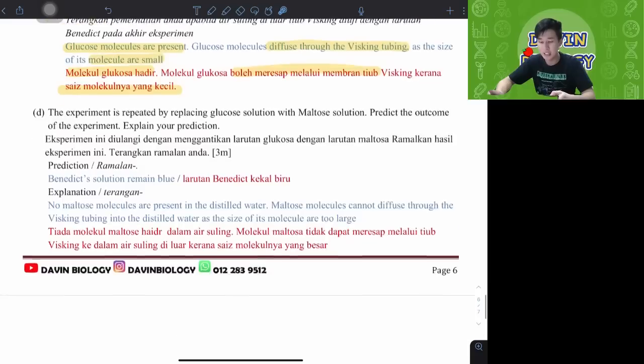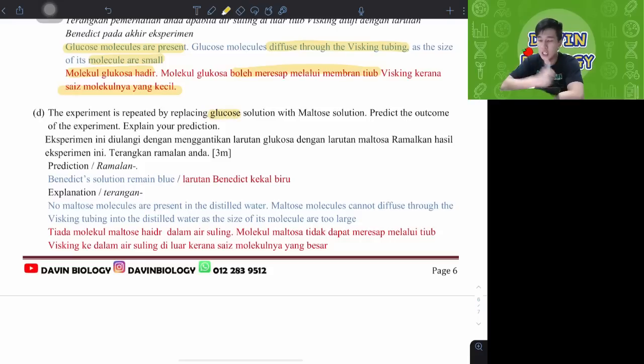Understand? Now, last question. So ramalan, prediction question. They say now I replace the glucose with maltose. Okay, so maltose is a disaccharide. So a disaccharide actually cannot pass through the Visking tube. So for this one, my prediction is my Benedict will remain blue. By the way, Benedict can test the presence of all your monosaccharides: glucose, fructose, galactose, and it can also test the presence of 2 of your disaccharides, maltose and lactose.